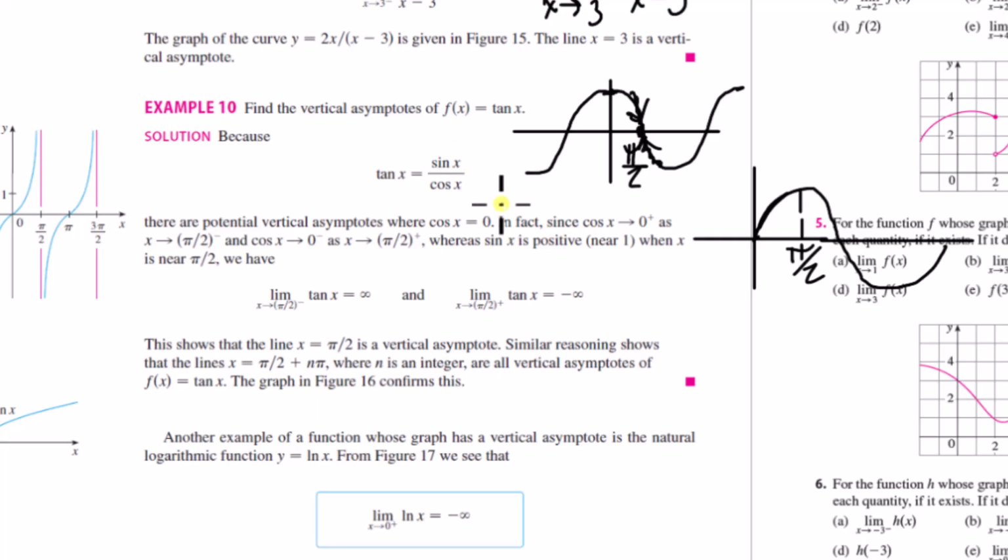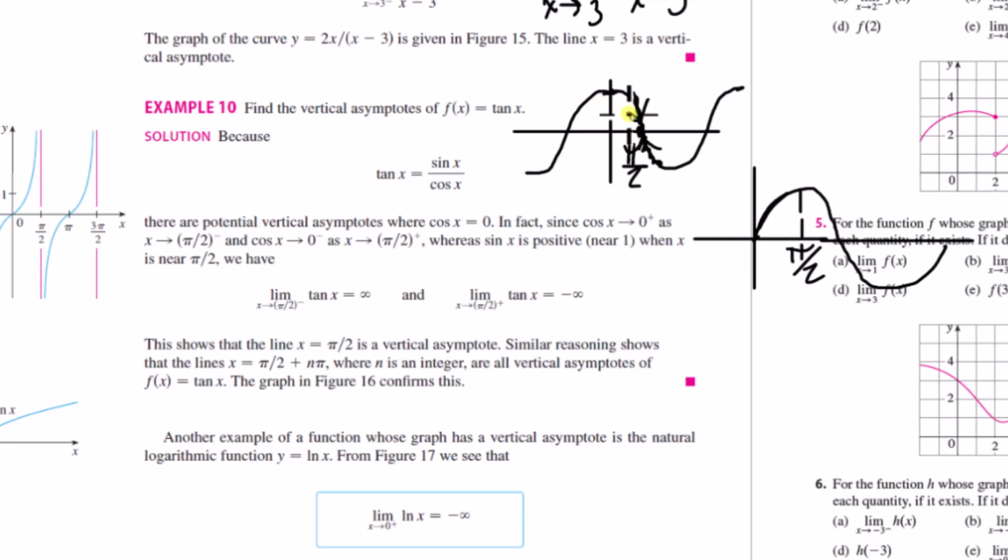And so a number right around 1 divided by a tiny positive or negative number is going to be some infinitely large number, right? Because you can get as arbitrarily close to pi over 2 as you want with a huge calculator, so we can make this balloon as large as we want in the positive or negative direction.